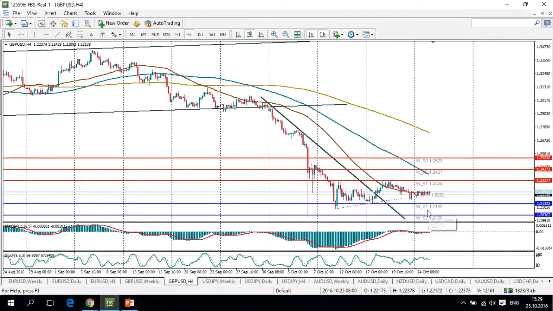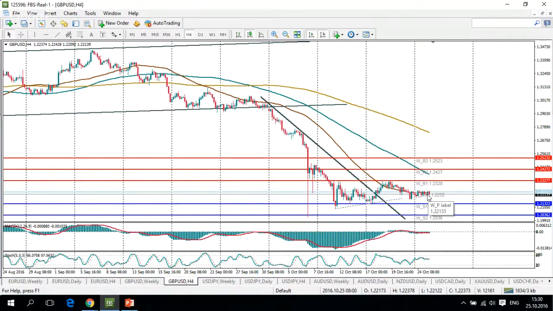So pound dollar is holding in a range between 1.2130 on the downside and 1.2328 on the upside. These are the first weekly support and resistance levels according to the weekly pivot point indicator.